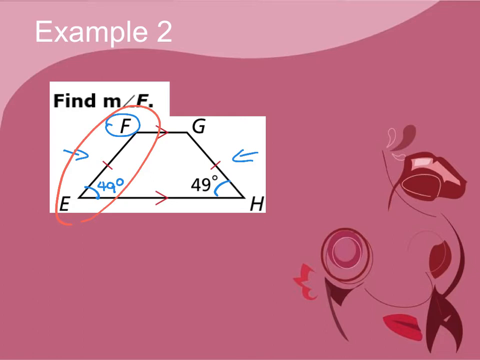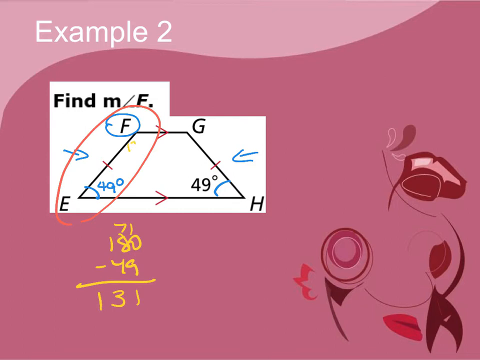I'm going to use the fact that E and F are supplements, so I'm just going to subtract 180 minus 49, and I get 131.